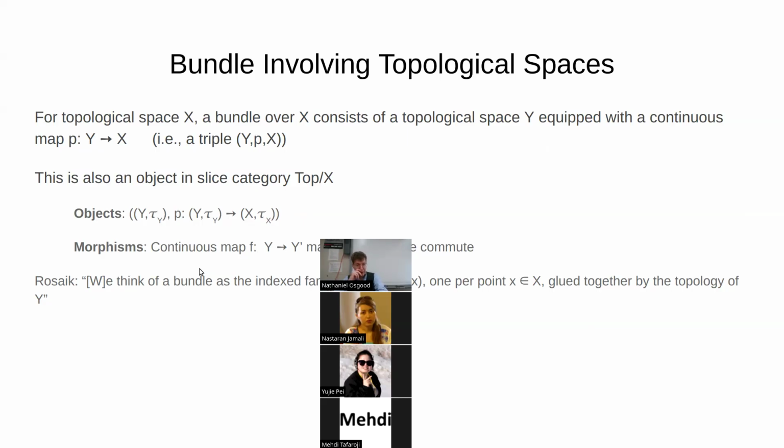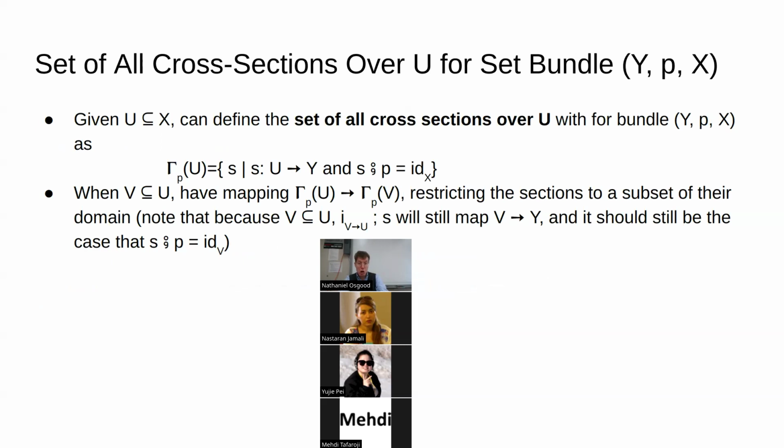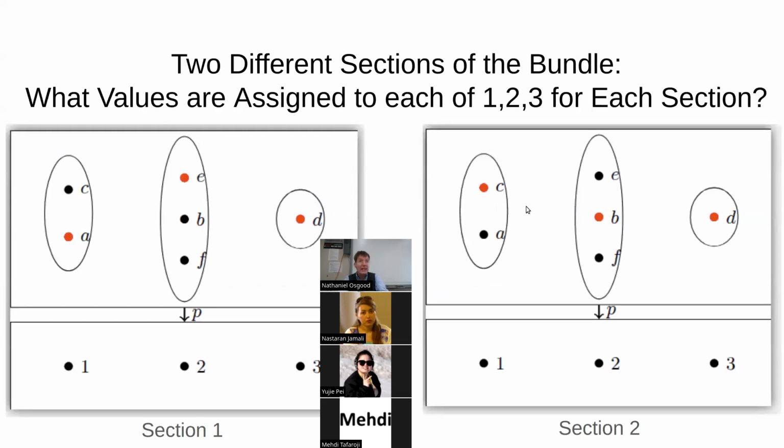And Rosiak comments, we think of a bundle here as the indexed family of fibers, indexed because there's one for each point in the base, X, glued together by the topology of X. They have to cohere. They have to kind of play together nicely. What's depicted here is not a solitude for what's depicted here.